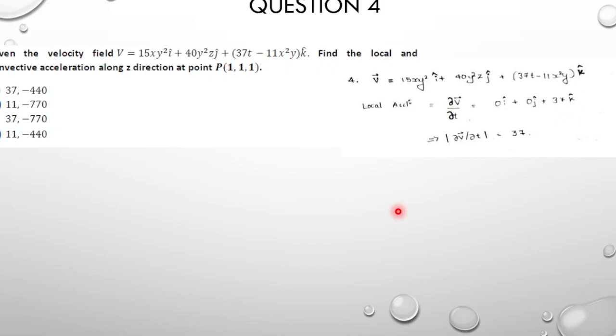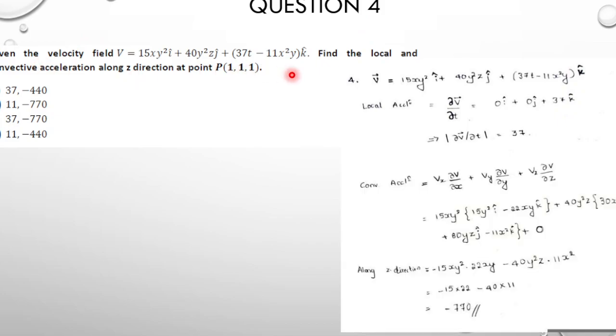So directly it is 37, because the local acceleration is present only along the z direction, and the magnitude is 37. So 37 will be the local component. Two options are there here. We have to also find the convective acceleration. The convective acceleration, you already know how it is calculated. Just remember the momentum equation wherein you had the material derivative of velocity.